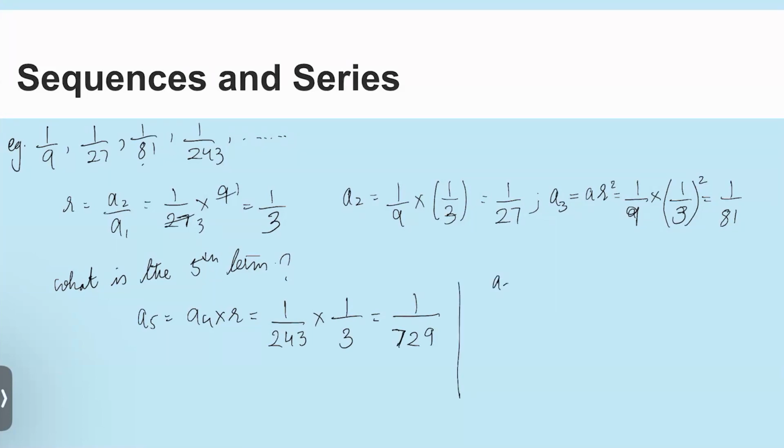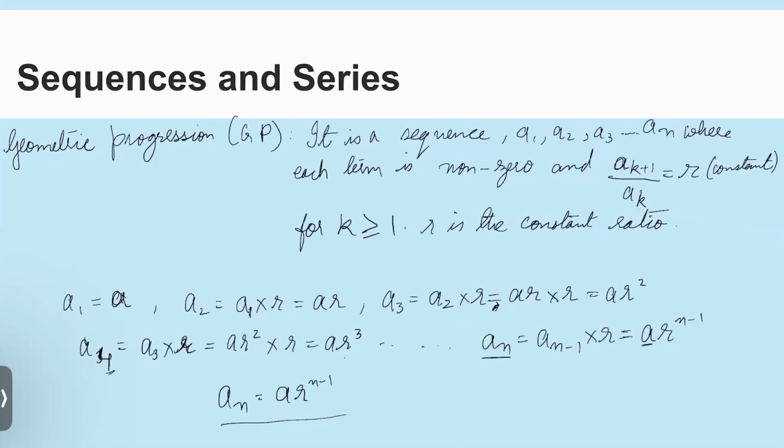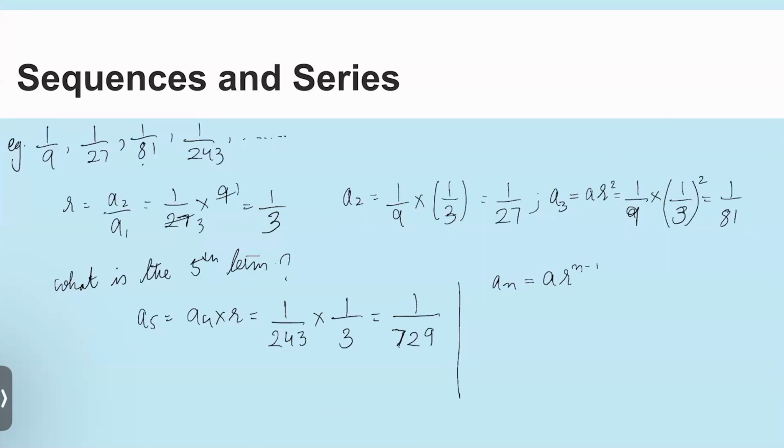Or if you just use your AN formula, A into R to the n minus 1, this is our formula that we got for the nth term. So A is 1 upon 9, multiplied by R raised to n minus 1. We are finding the fifth term, so this will be 1 upon 3 raised to 4. So that is 1 upon 9 multiplied by 1 upon 81, which in itself will give you 1 upon 729.